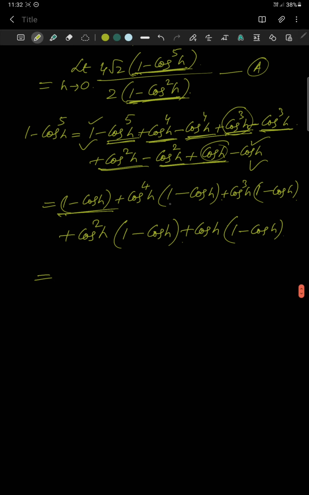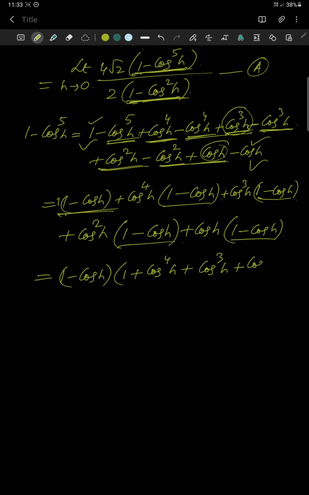Now 1 minus cos h, you can see, is common in all the terms. That can be taken out common, 1 minus cos h, and inside the bracket we are left with 1 plus cos 4h plus cos cube h plus cos square h plus cos h in bracket.